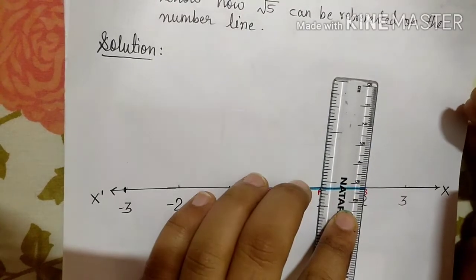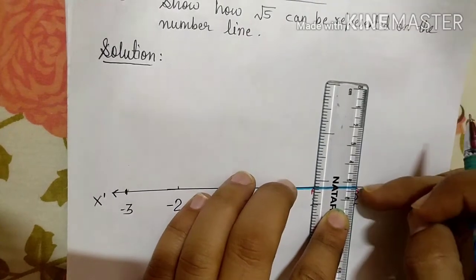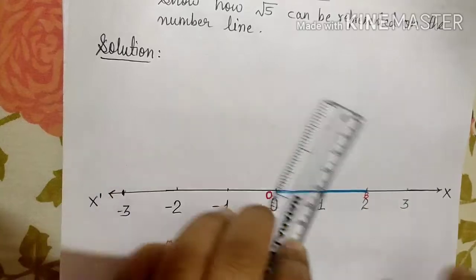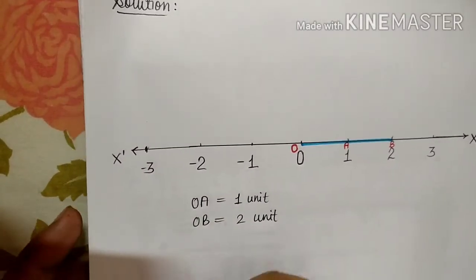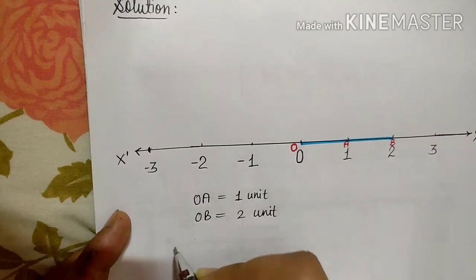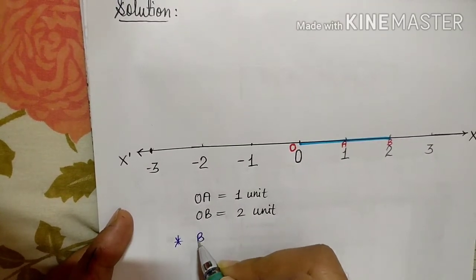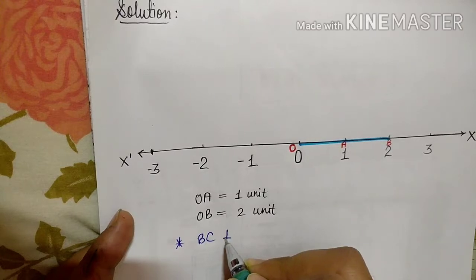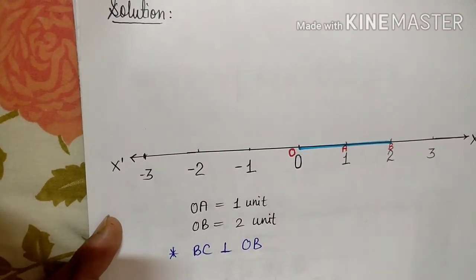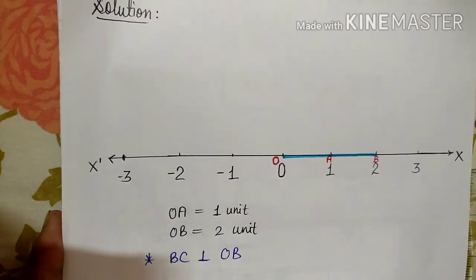Now the remaining procedure will be the same as we have done earlier. Now I will take a perpendicular from point B, which will come on this OX line. So I will draw BC perpendicular to OB. How?